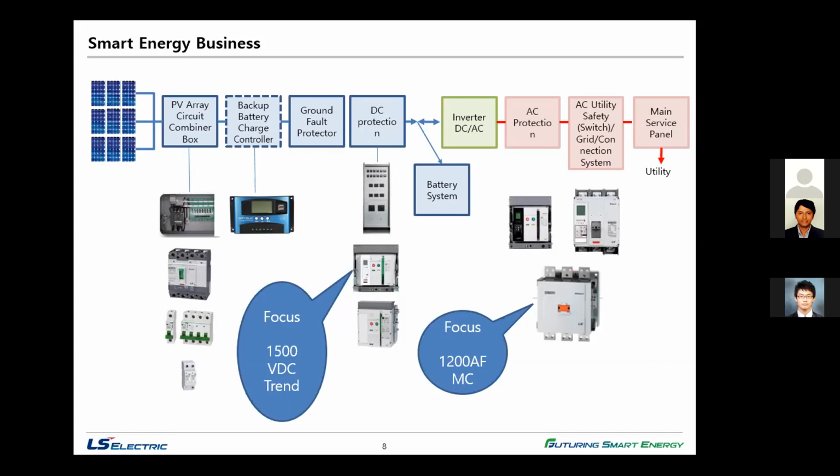So from here, we have a battery system and inverter system as well. And then from there, we do have AC protection and AC switching. In the case of AC protection, the trend is that the capacity is increasing.